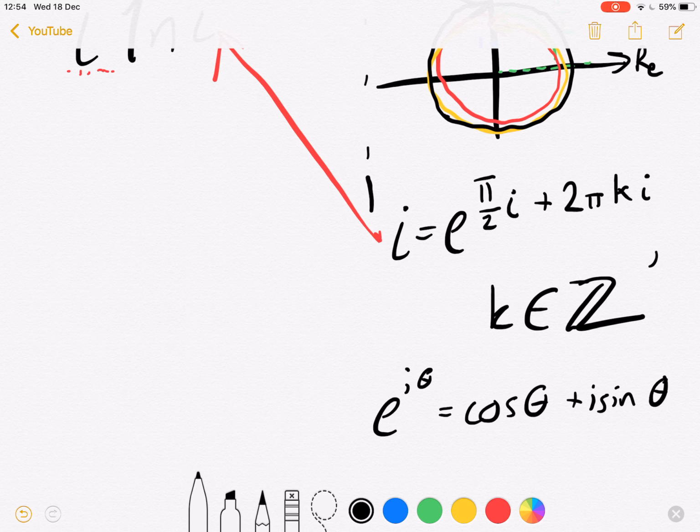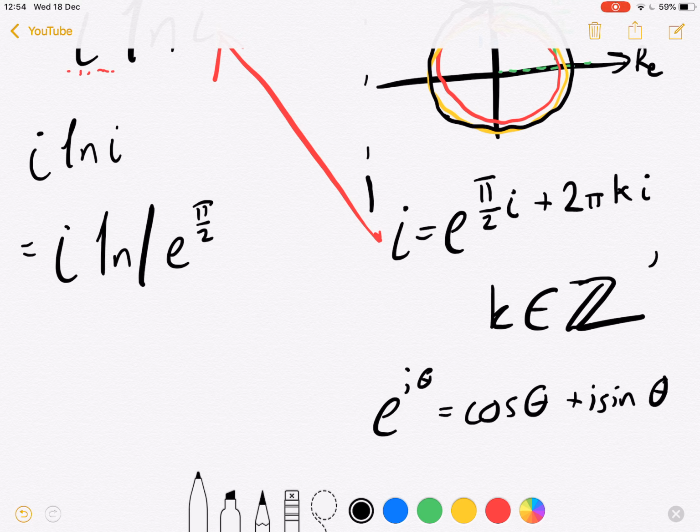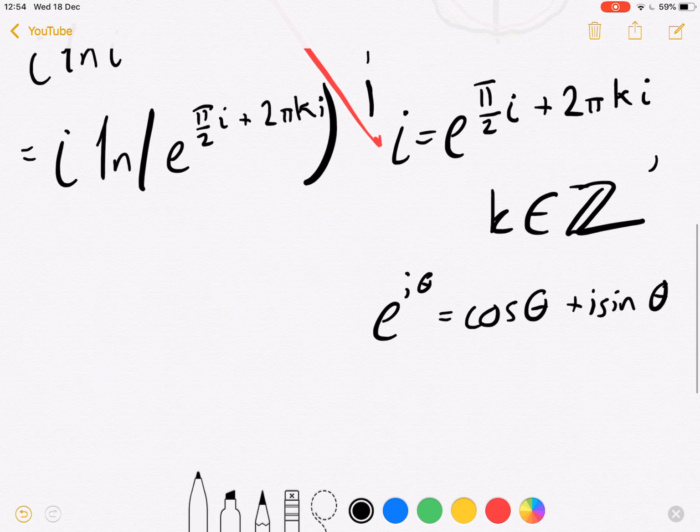So let's continue. So we have i, the natural logarithm of i, is equivalent to i, the natural logarithm of e to the pi over 2 i plus 2 pi k i, like so.